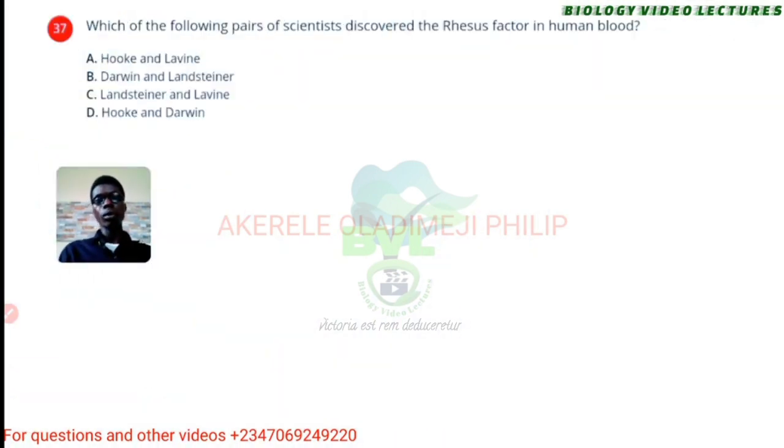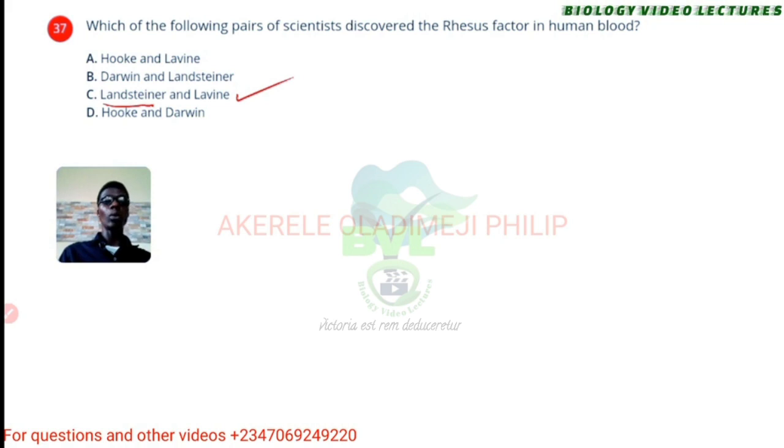All right. Which of the following pairs of scientists discovered the rhesus factor in human blood? Well, Landsteiner and Levine. Those are the names. Carl Landsteiner and Levine. I'm not so sure of the first name of the second person, but both of them discovered blood groups. They worked together, though the most commonly named person is Carl Landsteiner.